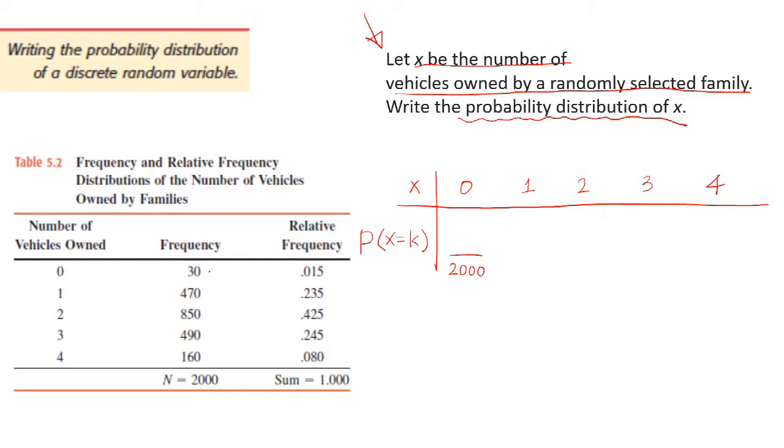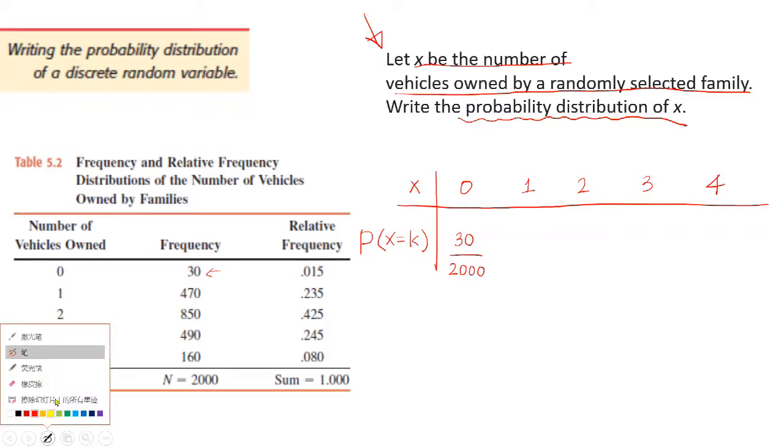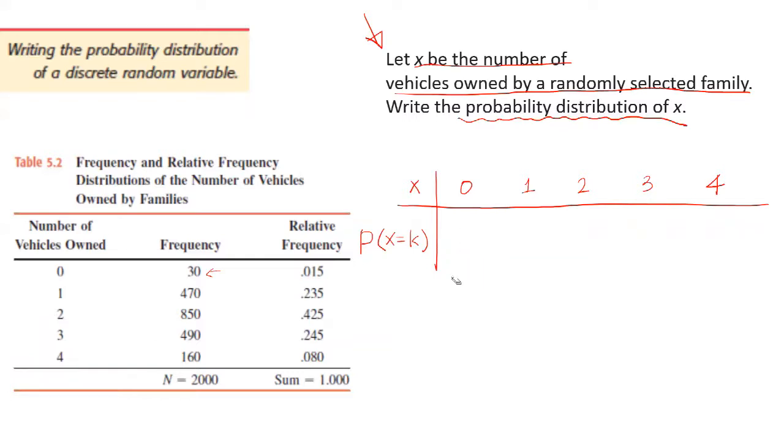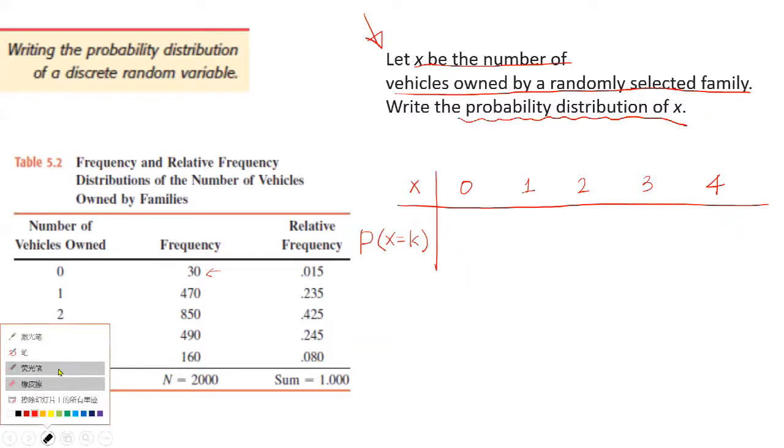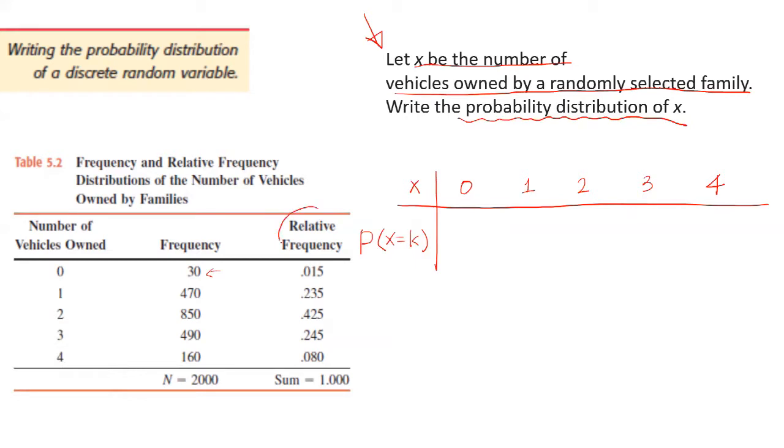We check the frequency here, right? So the result is 30 by 2,000, which is 0.015, which is called the relative frequency, right? So all we have to do is copy the relative frequency onto this table. So the probability of X being 0 is 0.015.